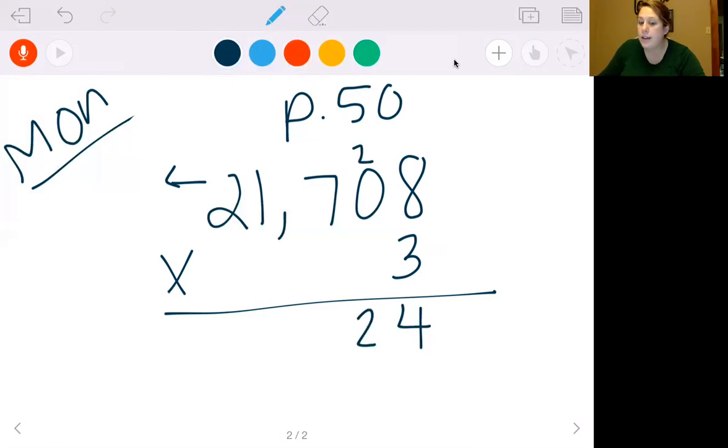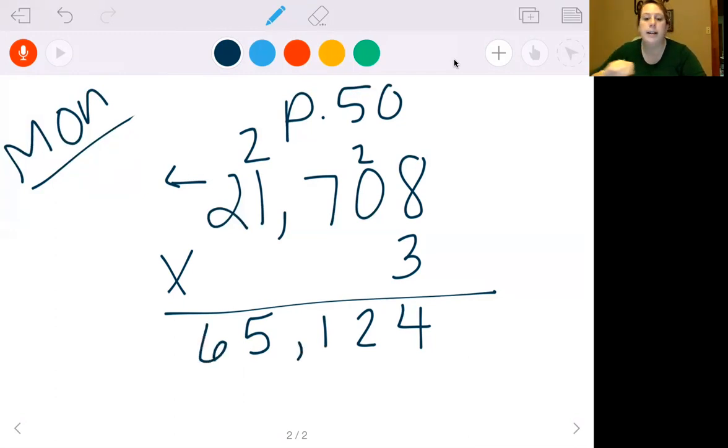Then I go to the next column. 3 times 7 is 21. Since it's a 2-digit number, I'm going to put my 1, carry my 2. Then I go 3 times 1 is 3, plus 2 is 5. Then finally I say 3 times 2 is 6.